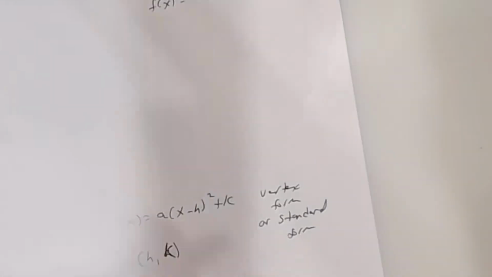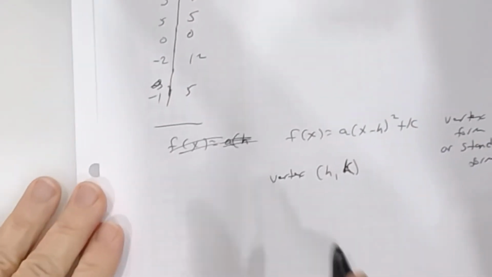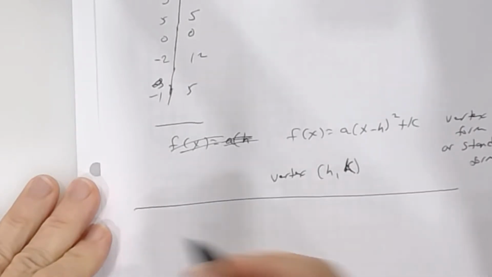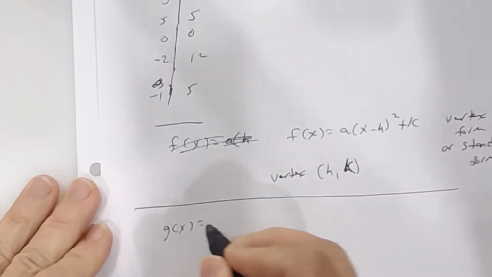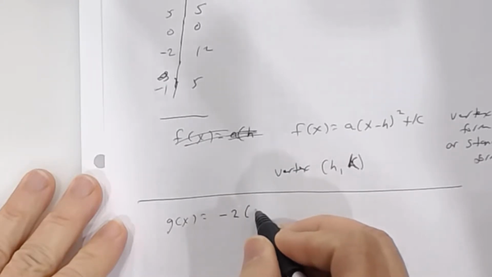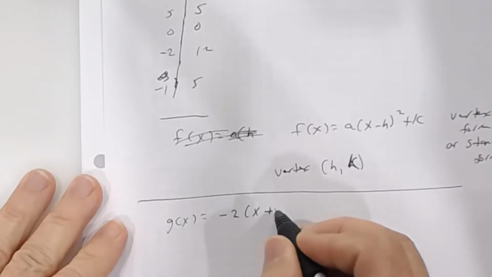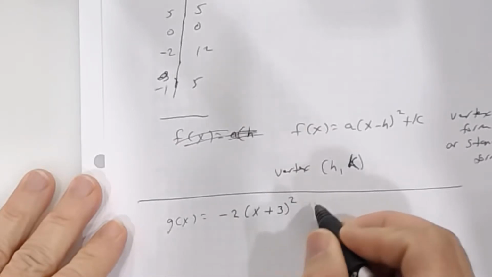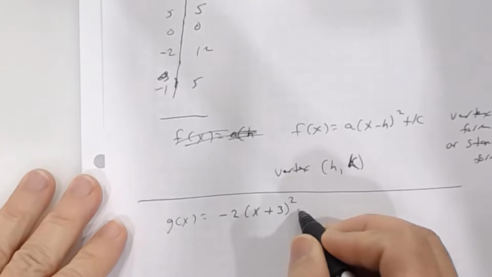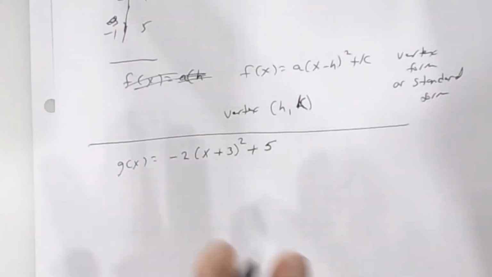All right, now let's look at this one. Suppose I want to graph g of x equals negative 2 times x plus 3 squared plus 5. I'm making this up, so hopefully the numbers won't be that big, so we can deal with it.